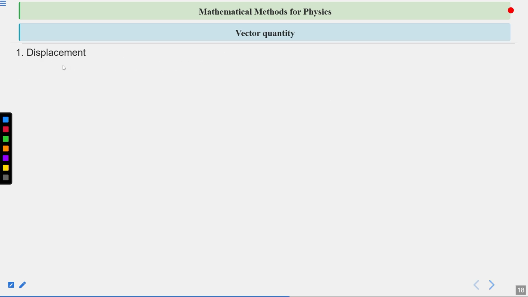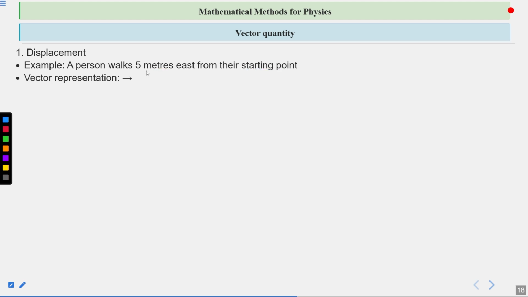So the first vector quantity is displacement. Example: a person walks 5 meters east from their starting point. Look here, the person walks 5 meters. The magnitude is 5. What is the direction? The direction is east.